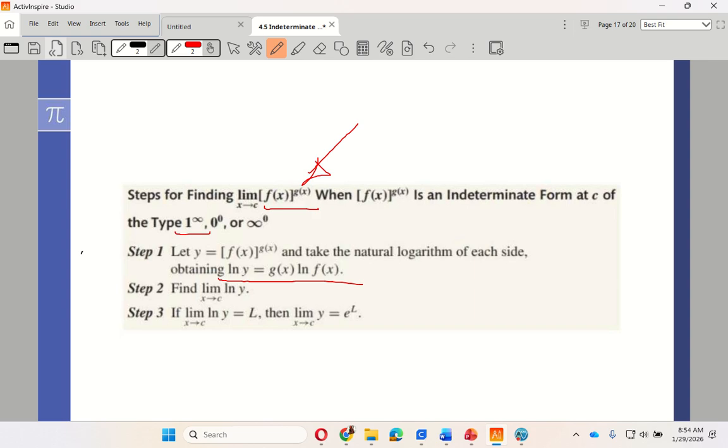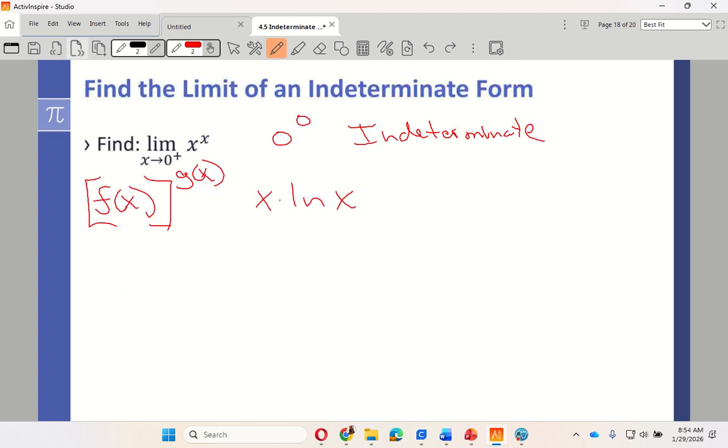I'll give you a second to write that down, especially since it is blurry. You guys got it? Yeah. Okay. All right. So that means that I'm going to have the limit as x approaches 0 from the right.